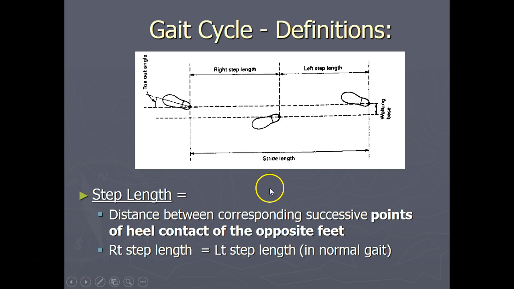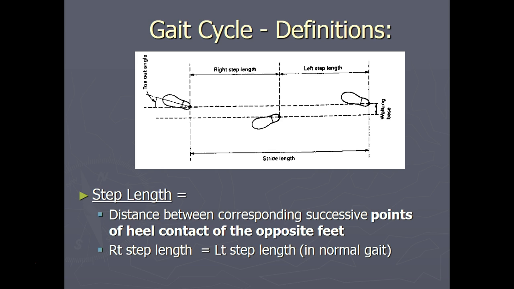Defining step length, that's the distance between two corresponding successive points of heel contact of the opposite feet. So on this particular graph, what we have is one foot contacting down. We'll say foot one, and then we have foot two, right and left. And so we would say step length would be this distance here, the distance between the right heel and the left heel of that particular shoe.